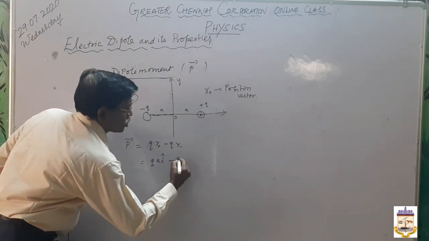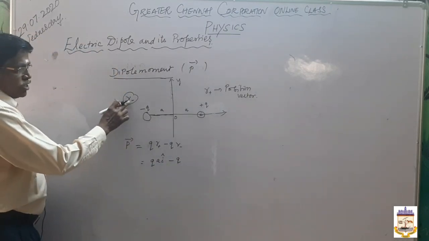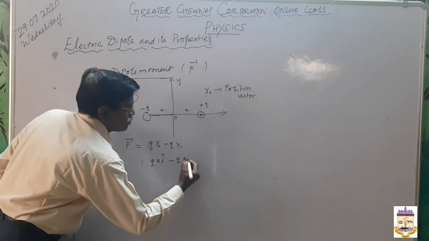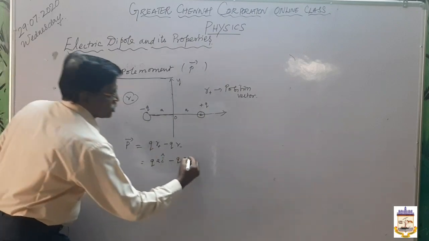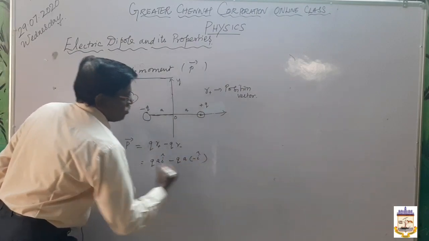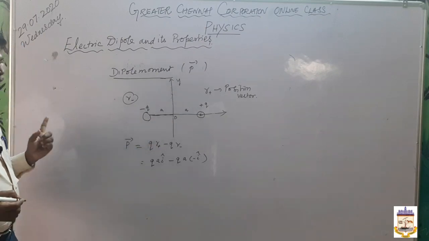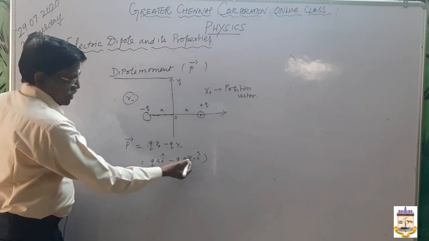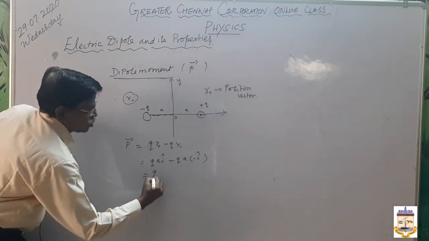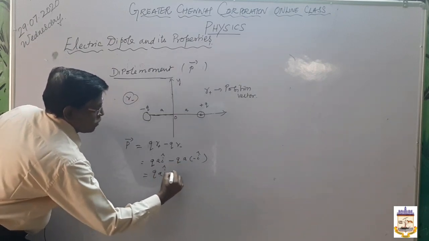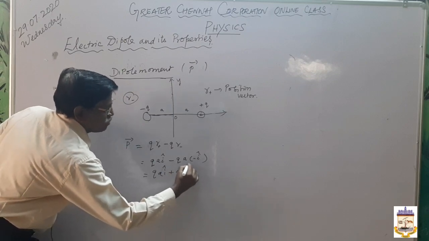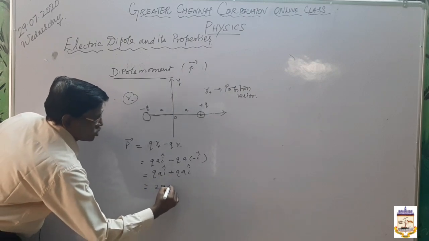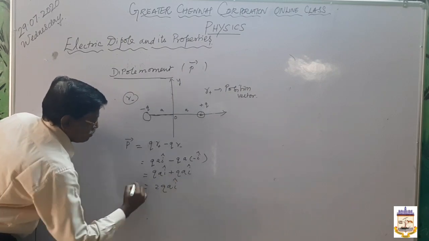Then the position vector of the minus charge: the magnitude is also a, and the direction is minus i cap, because it is in the negative x direction. Minus and minus becomes plus. So q into a i cap plus q into a i cap, two times, which can be written as 2qa into i cap.